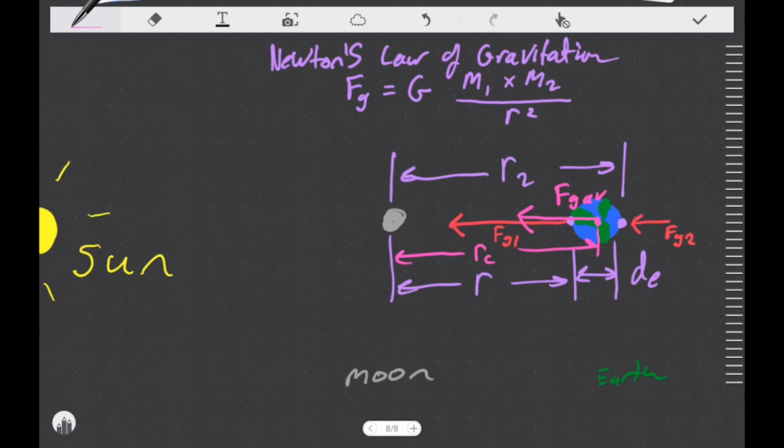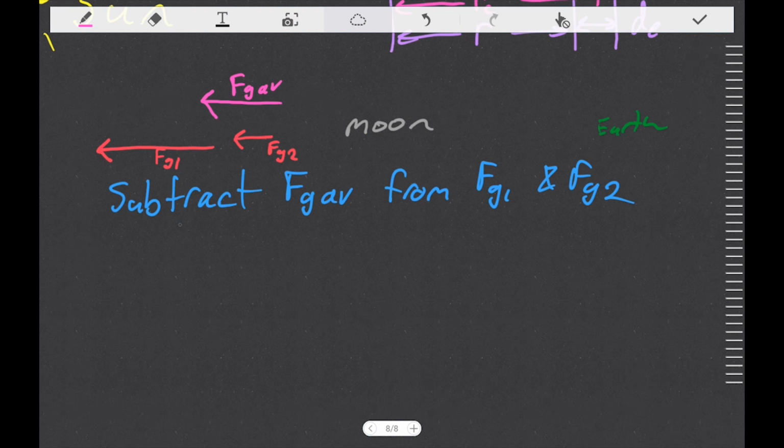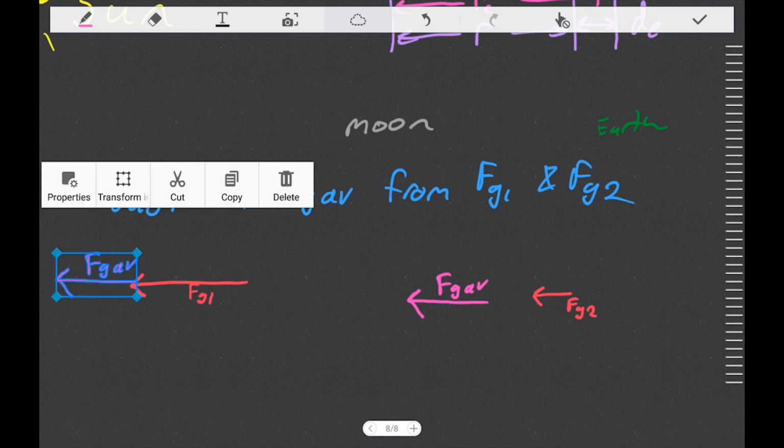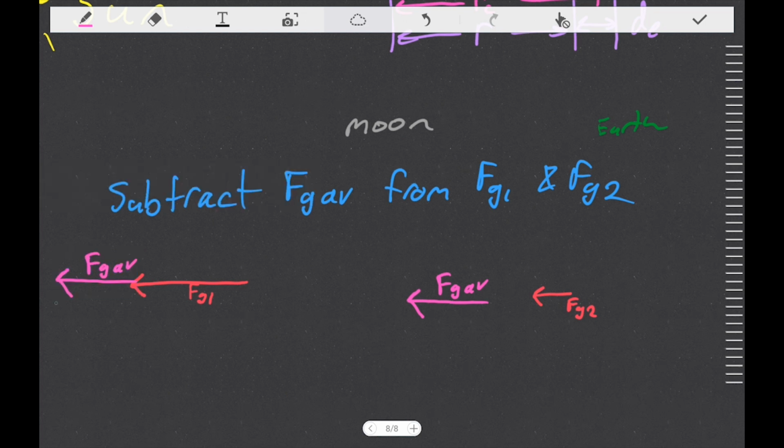Now I'm going to copy the forces down below and we'll do our differential force analysis. We're going to subtract FG average from FG1 and from FG2. When we add vectors, we put them tip to tail and we measure the distance from the tail of the first vector to the tip of the second vector. To subtract vectors, we're going to place them tip to tip and measure the difference from the tail of the first vector to the tail of the second vector.